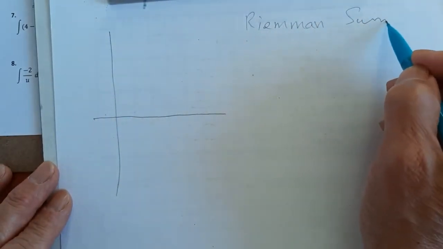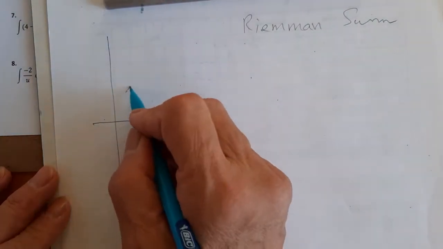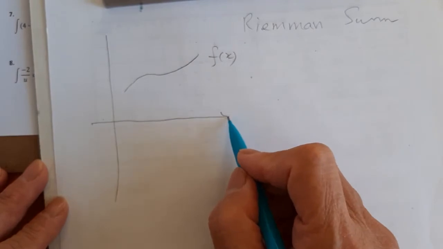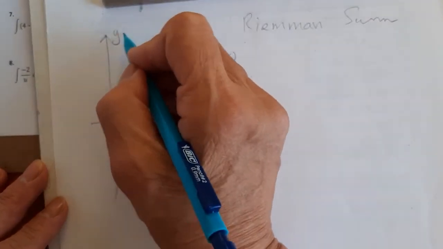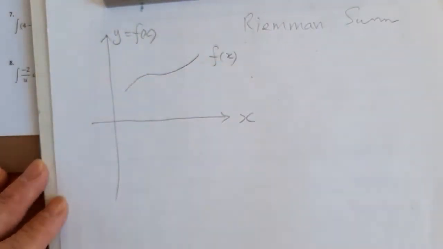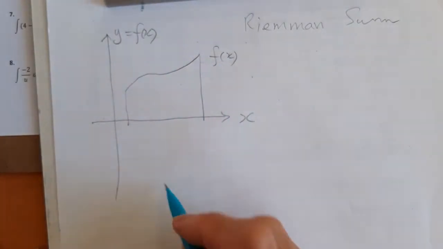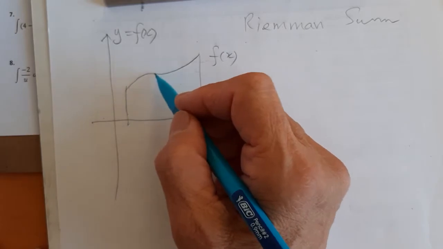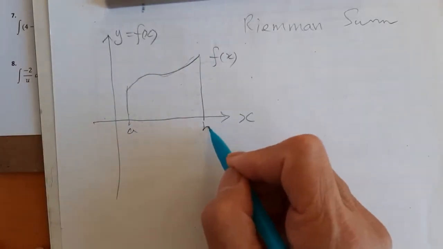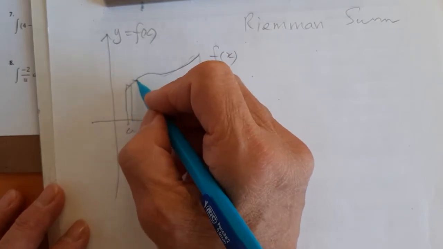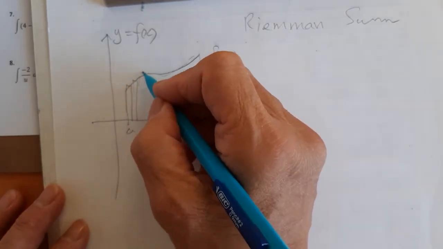If here is a graph, and this graph function is f of x, here is x, here is y, and y is the function value f of x. Then we partition the area under this function curve from a to b into n intervals.